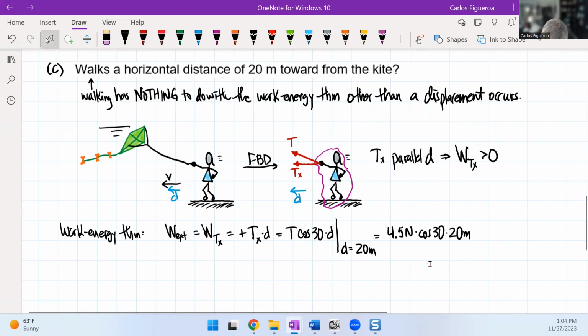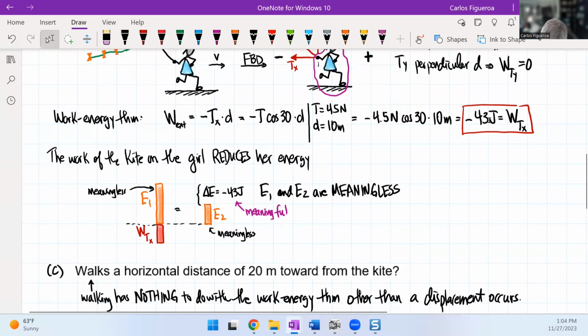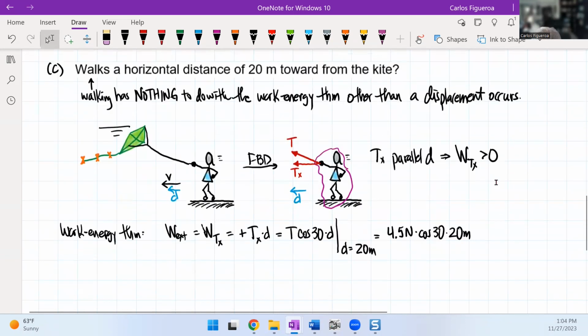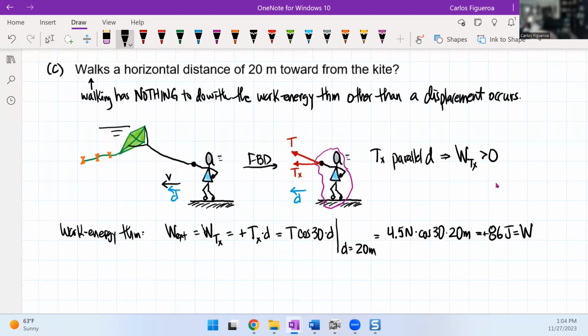And then I get a value that should be twice as much as the previous value. I don't know what I wrote. So if this is 43, this should be 86, assuming that my numbers are good. I hope my numbers are good. It should be double that. So this should be 86 joules, and that's the work of Tx.